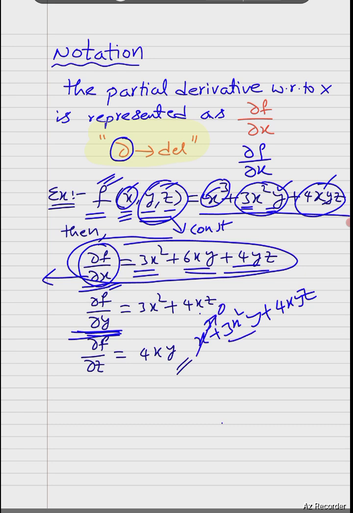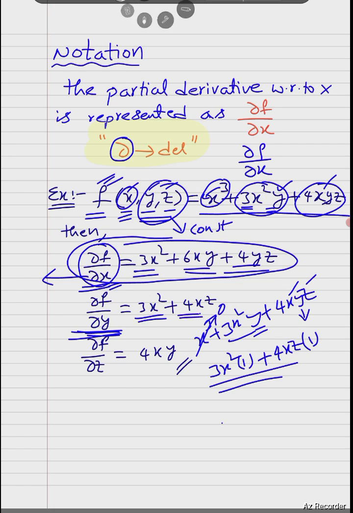For the term 3x square y, 3 and x square are constants and the derivative of y is 1. Plus, here since we are doing with y, 4xz are constants, written separately. The derivative of y is 1. So the final answer is 3x square plus 4xz.